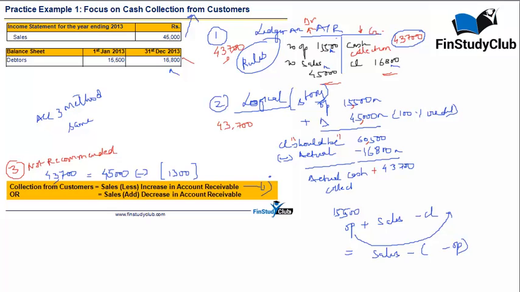So sales minus closing minus opening is the change, as in the increase in the account receivable, which is nothing but this equation. So in a way all three are similar.